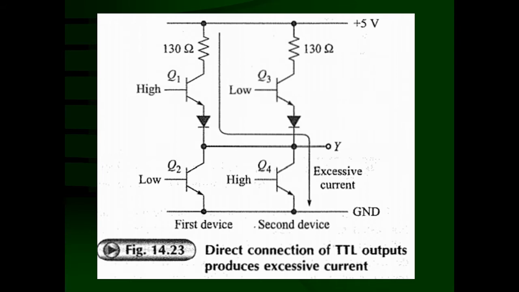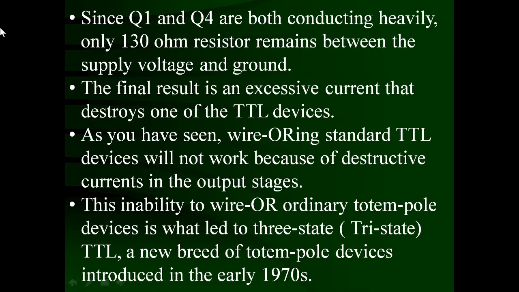And that is the reason the TTL outputs cannot be wired directly like this. Since Q1 and Q4 are both conducting heavily, only 130 ohms resistance remains between the supply voltage and ground. The final result is excessive current that destroys one of the TTL devices.